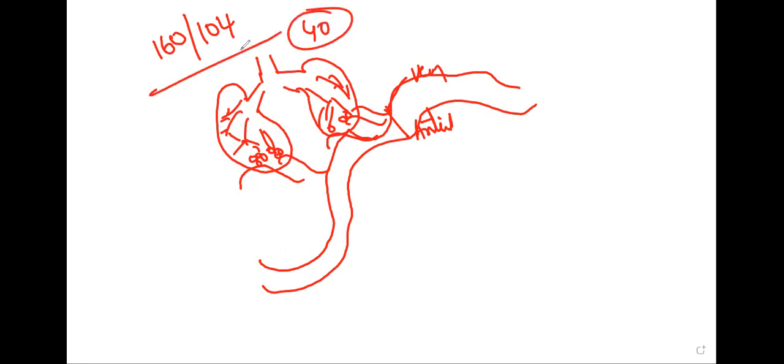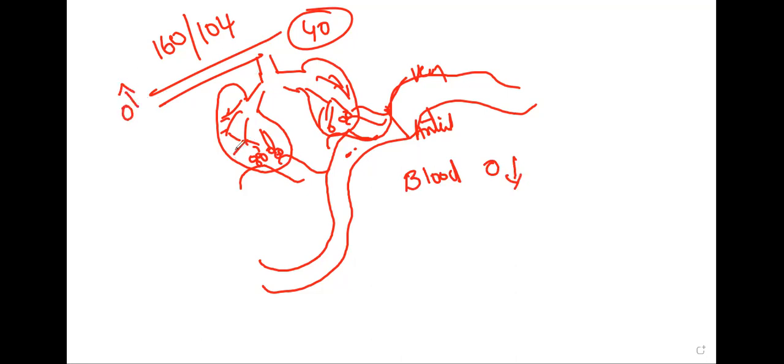Here in the atmosphere, the pressure of oxygen is 160, and in the lungs it comes to 40. Carbon dioxide is 40 minimum. So in the blood, the oxygen is less, and in the environment, oxygen is high.